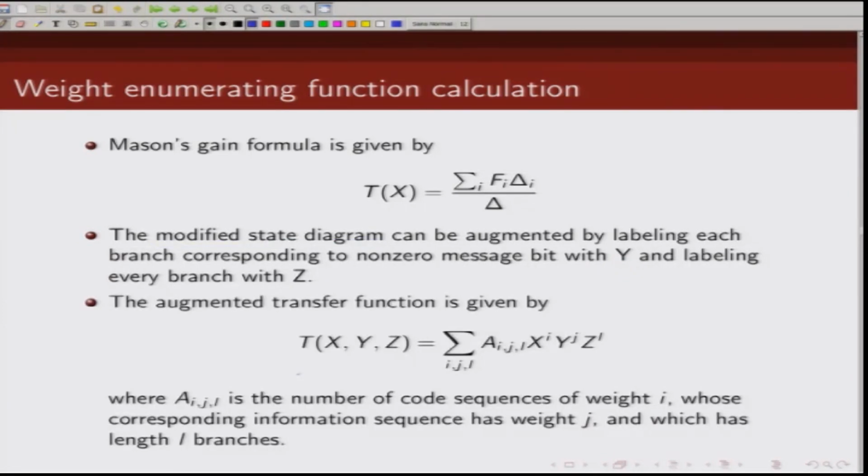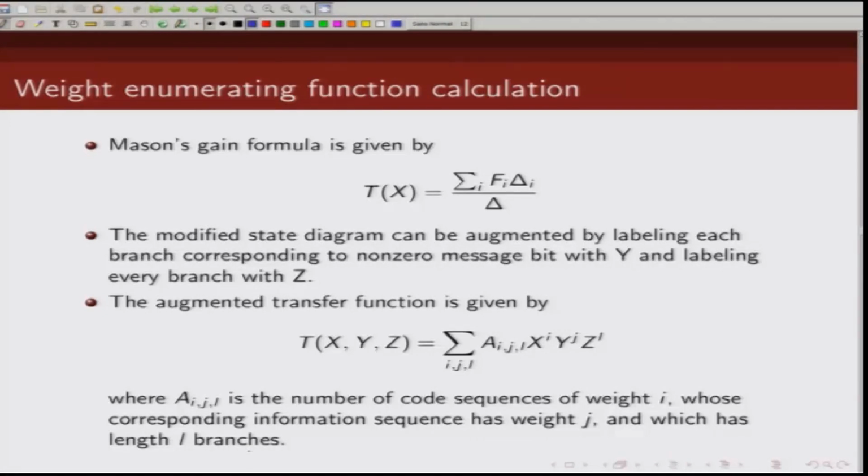So, we can then similarly define an augmented transfer function, which will not only tell us the code word weight, but also the input weight that results in that particular output weight, and the length of that particular code word.